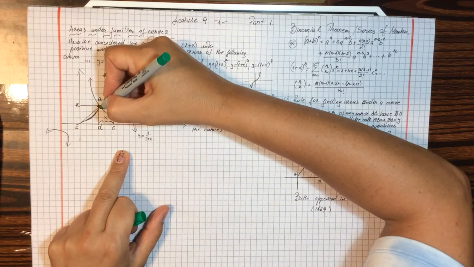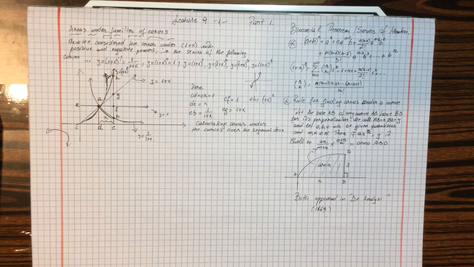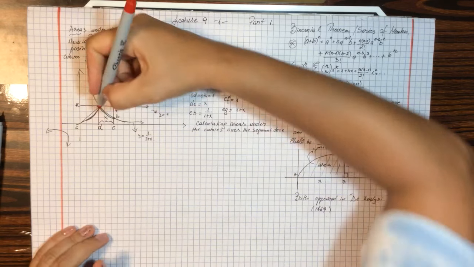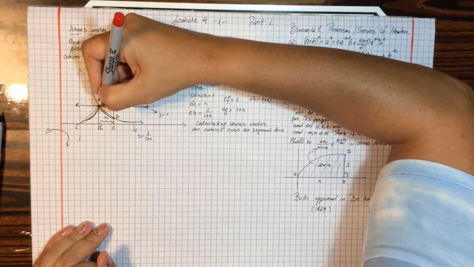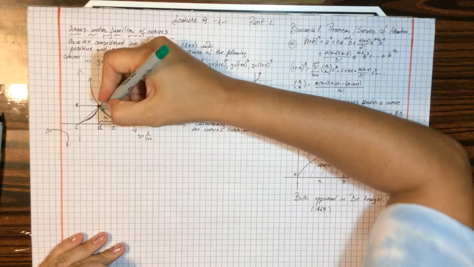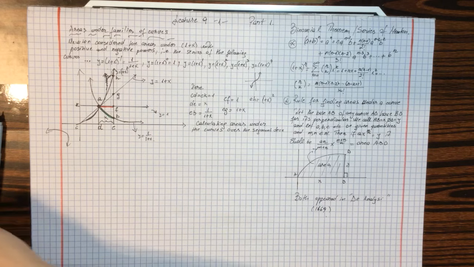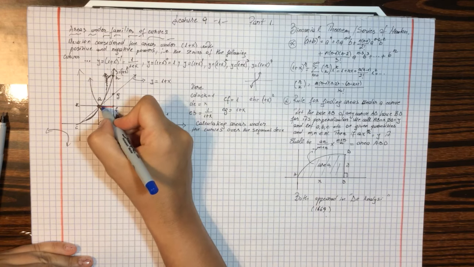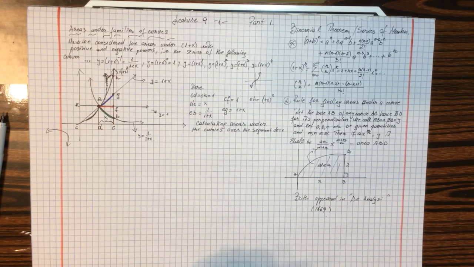Let me mark this part with green. Let me mark under F with red. And let me mark the G with blue. And since I'm running out of colors, I will do the other line also green.